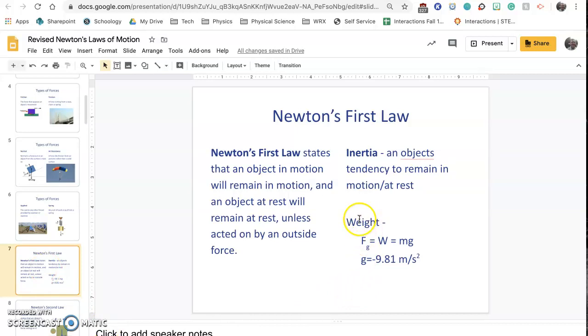We talk about weight versus mass, and that equation can be illustrated below here. Weight can also be written as F sub g. Okay, the force of gravity is the same as an object's weight, and that is my mass times my gravity. Remember, gravity is acting downwards, so it's a negative 9.81 meters per second squared.